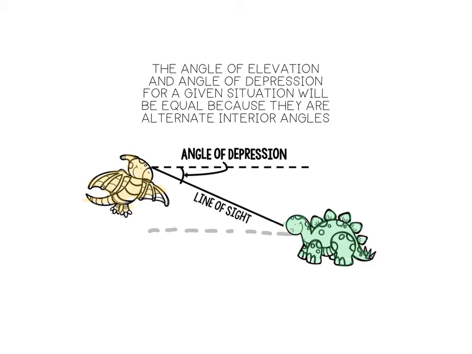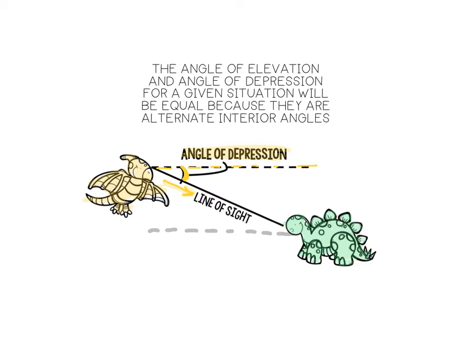So if we're looking at the pterodactyl, we're going to have an angle of depression because the pterodactyl is looking down. And so the angle of depression will be between that horizontal line and the line of sight.